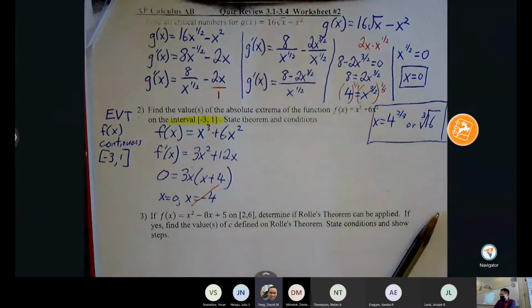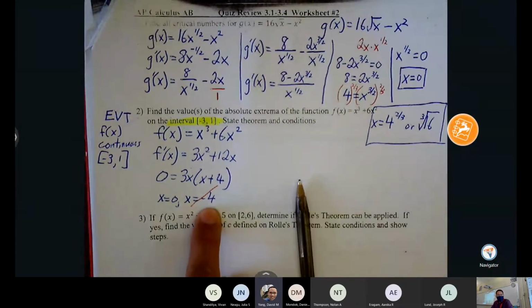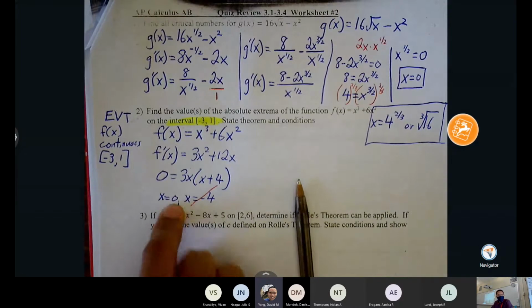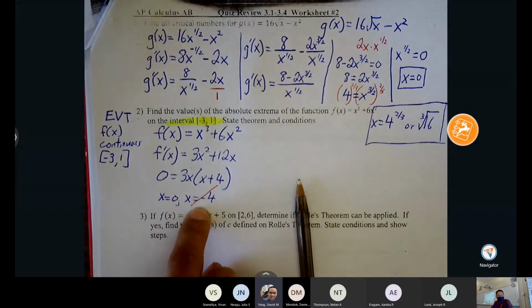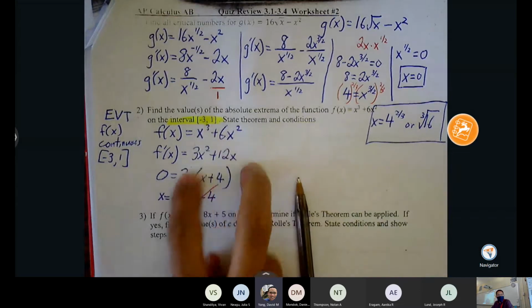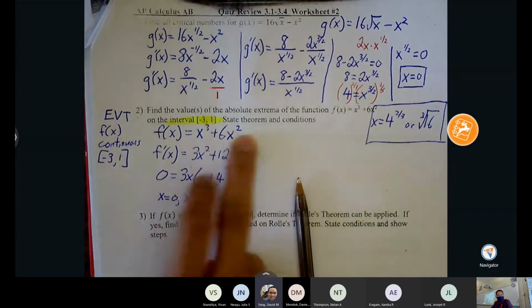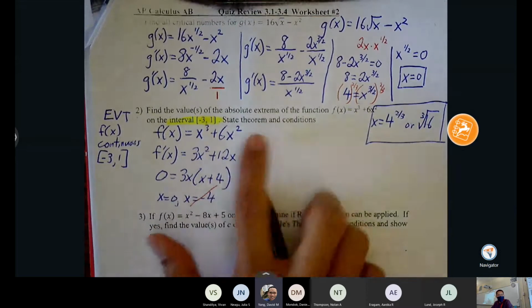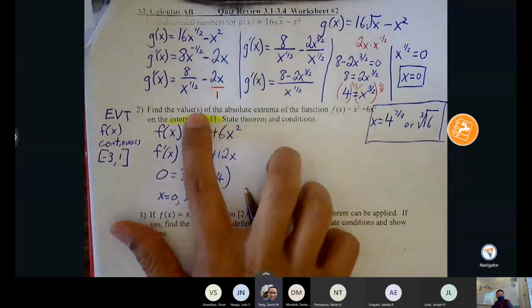So we see that -4 is slightly outside the interval. 0 is inside it. So we'll keep 0. We'll remove -4. So it leaves us with 3 critical points to test, right? We have 2 endpoints and 1 critical point, and they all go into the original function. And then we can determine the absolute max and absolute min.